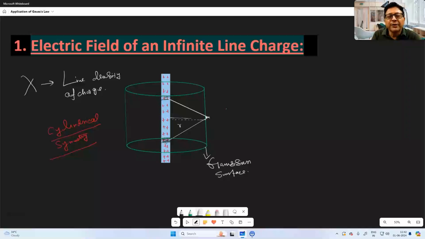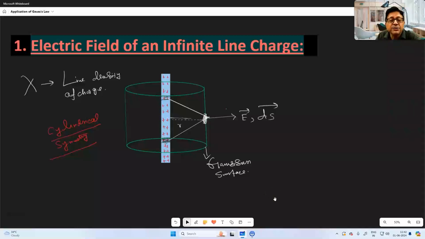We are going to find the strength of electric field at any point. The electric field is radially outward, E. If I take a small surface area of the cylinder at this point, then obviously the area vector is perpendicular to the curved surface. So E and dS have the same direction. Am I correct? E and dS have the same direction.